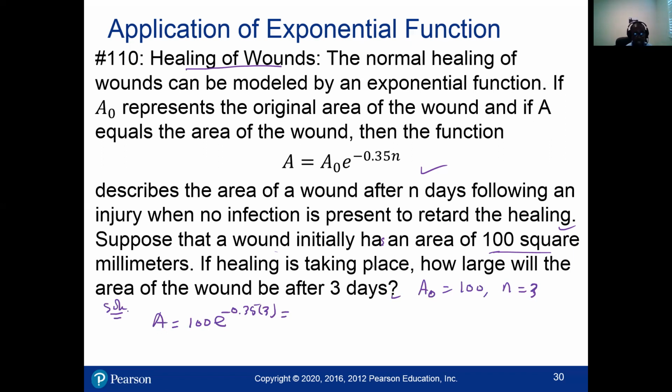So when you evaluate this gives me, okay, you get 100 times 0.3499377, which is actually 34.99. So approximately, okay, approximately this is what, 35 square millimeters.